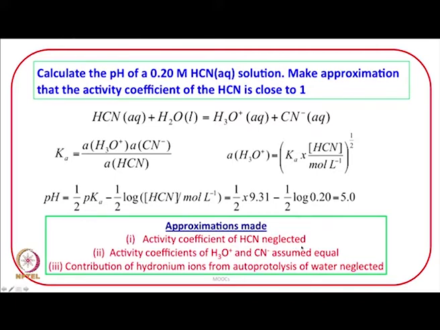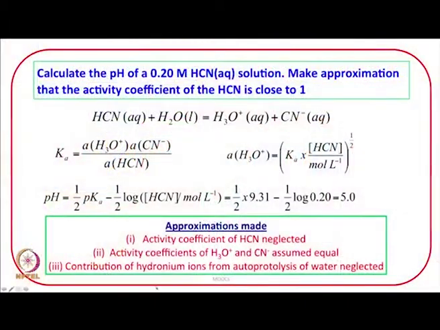That means if we want to get a very accurate number, we cannot ignore the activity coefficient of HCN. Secondly, we have assumed that the activity coefficients of H3O plus and CN minus are equal. We equated the two and took the square. In fact, these may not be equal. This is another assumption that we have made.